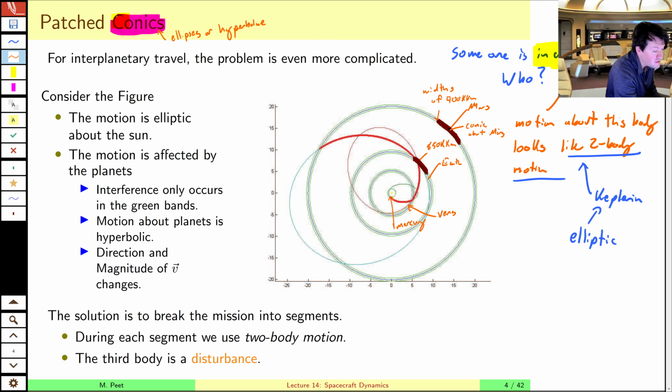And when you leave it, you're in a conic around, well, not Mars. You're not close enough to be Earth. So what you're actually in an orbit around is the Sun. And that orbit is also conical. It's typically elliptic, but it could be hyperbolic. So this little red section between the bands is a conic about the Sun.